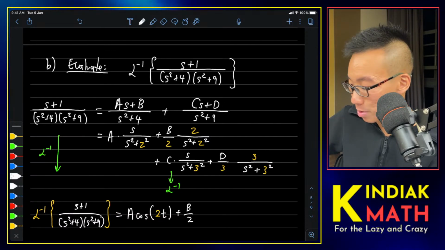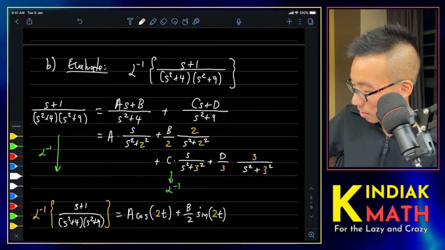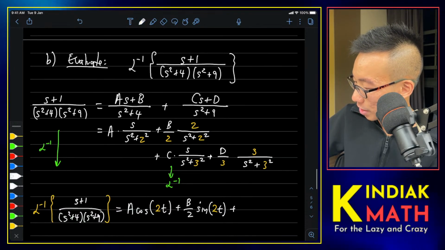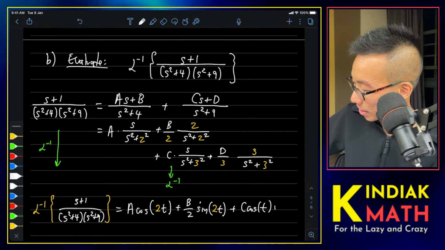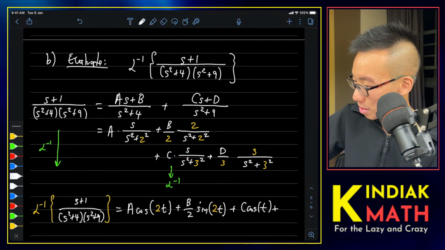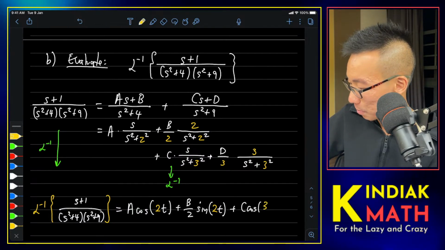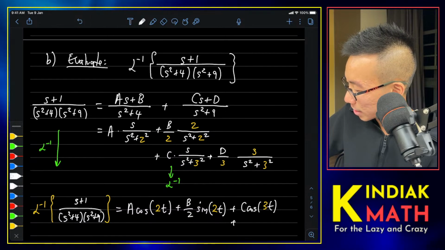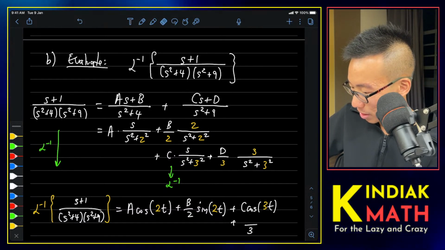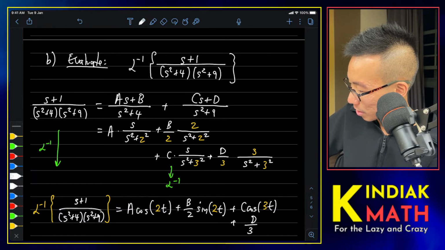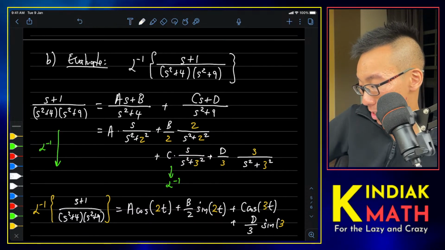the sine of 2t, the cosine of t, and the sine, made a typo there, the cosine of 3t, and the sine, this is the d, let me write that more properly, of 3 times t.